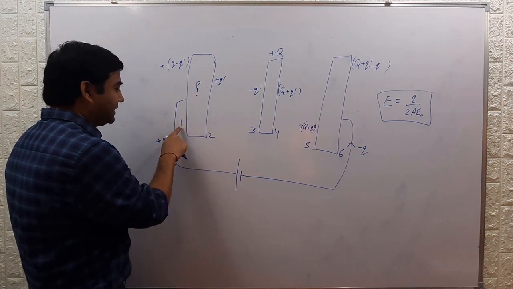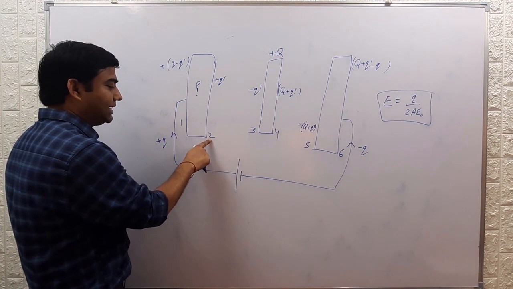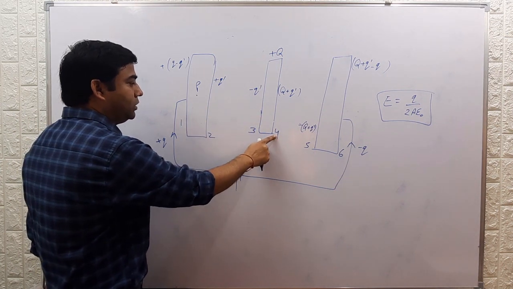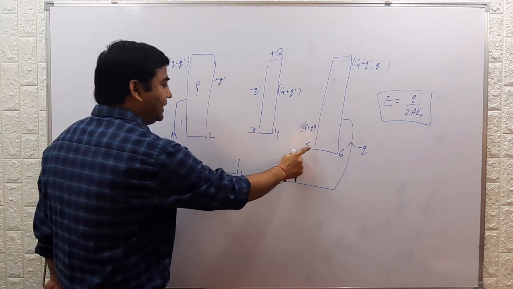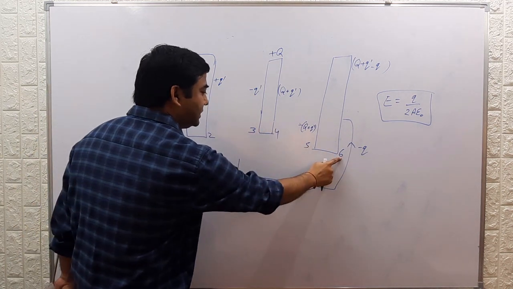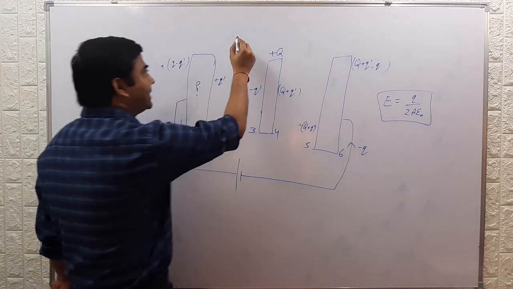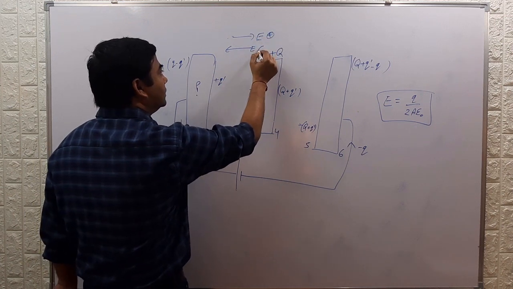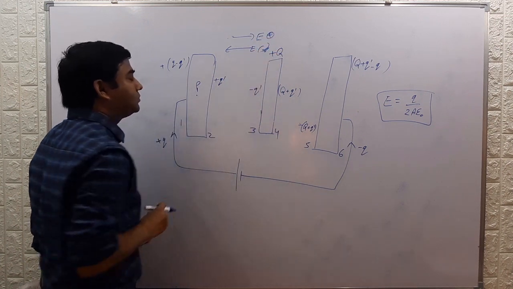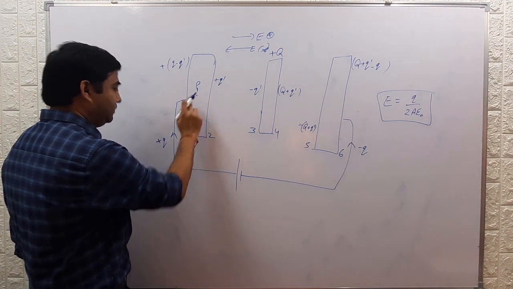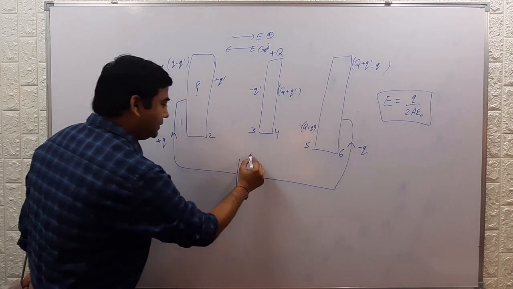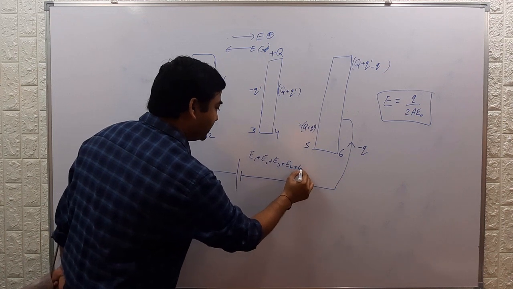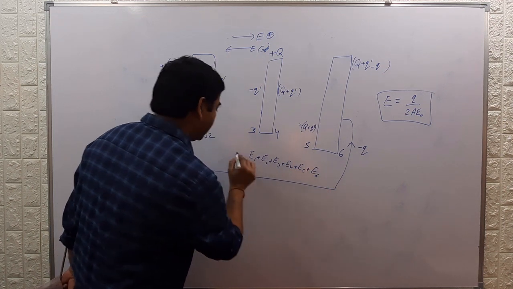E1 is the electric field due to surface 1, E2 due to surface 2, E3 due to surface 3, E4 due to surface 4, E5 due to surface 5, and E6 due to surface 6, all at this point. Rightward electric field we will assume positive, and leftward electric field negative. So EP is E1 plus E2 plus E3 plus E4 plus E5 plus E6. That is EP.